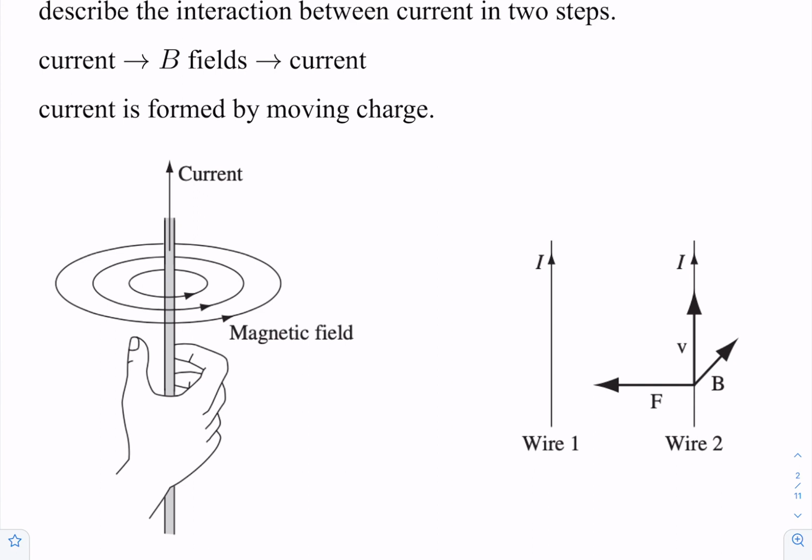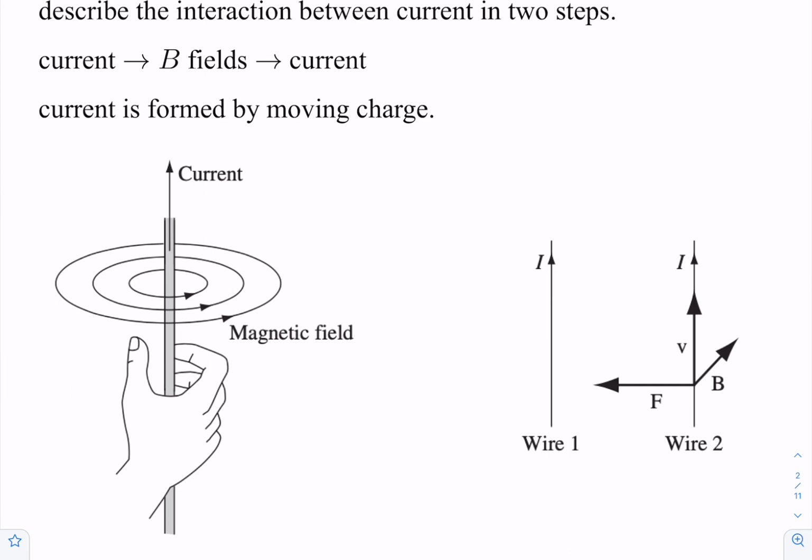Could you check my hands here? The V is pointing upwards, and you rotate your hand from the upward direction of V to the direction of B. That determines the force F. I don't know if it's exactly the same direction on your screen.